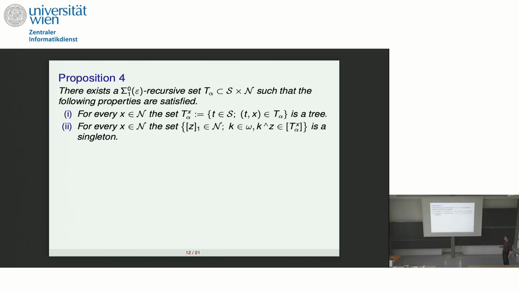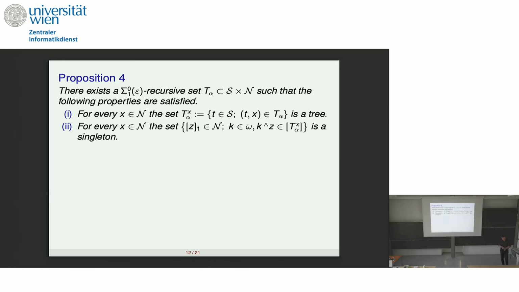The second property says that if we consider infinite branches, this is the body of T_x^alpha, and we will consider just the second coordinate. As I introduced this bijection, any sequence of integers can be split into two sequences using this mapping.